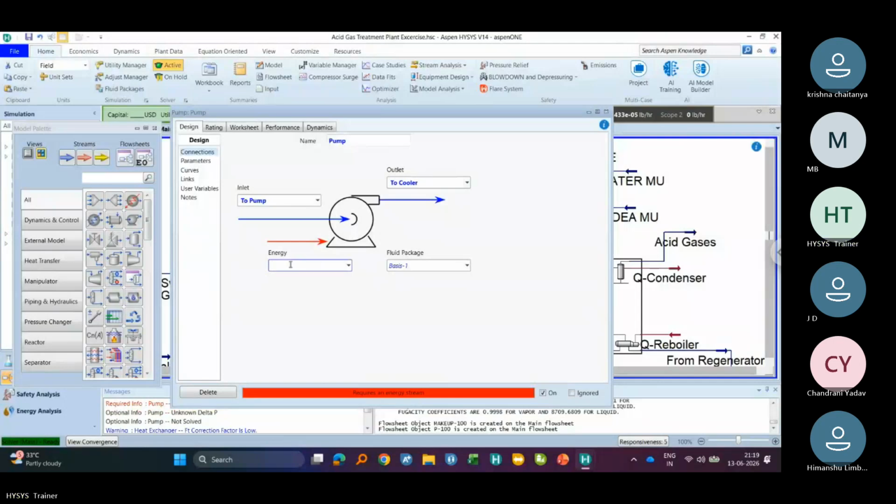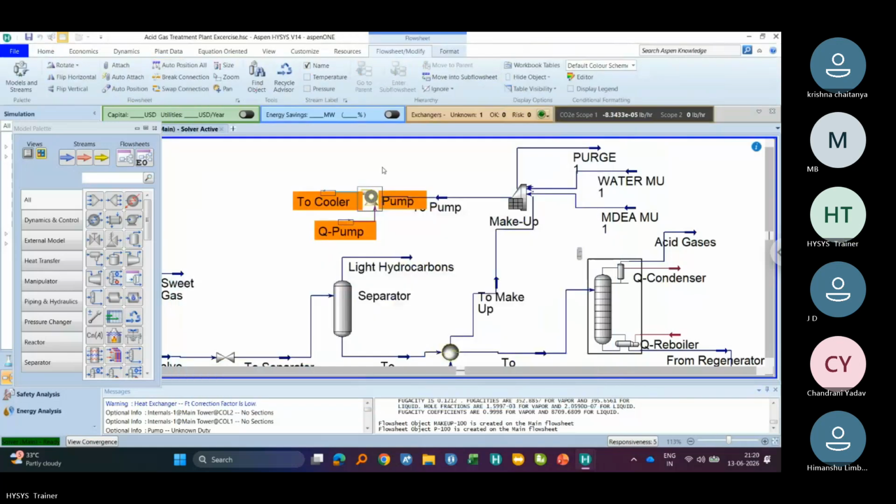Energy will be to pump. And for this pump, is any other information given to us? No. So let this be not simulated. We'll close this.